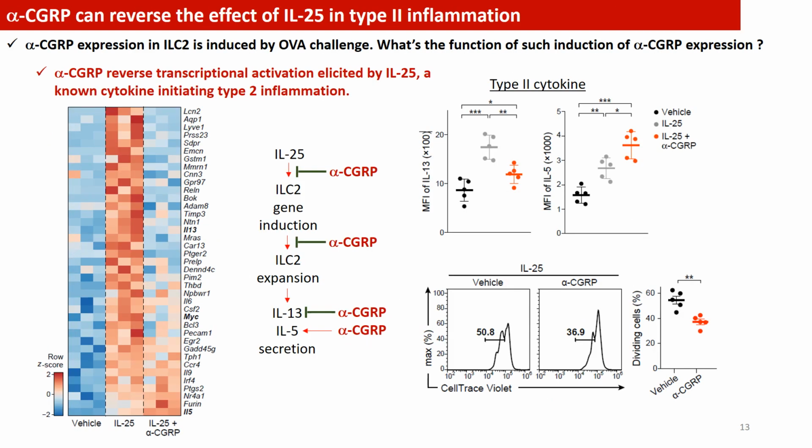Now that we know alpha-CGRP expression in ILC2 is induced by OVA challenge, what's the function of such induction of alpha-CGRP expression?